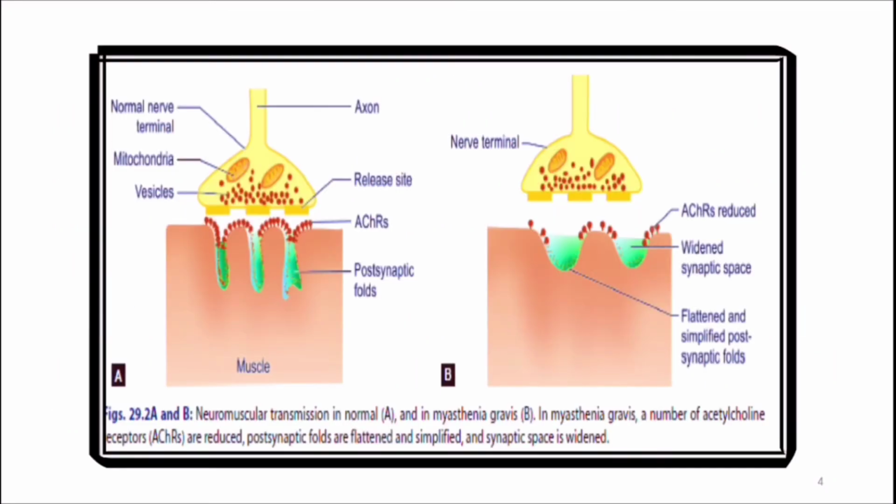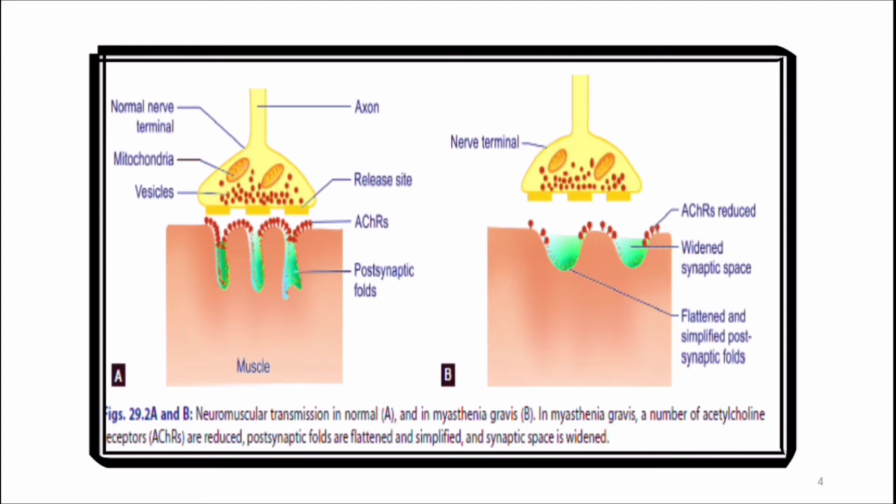This is the diagram. Figure A is a normal situation where neuromuscular transmission occurs normally. You can see the release site and the acetylcholine receptors, the muscle and the postsynaptic folds. But what happens in myasthenia gravis?